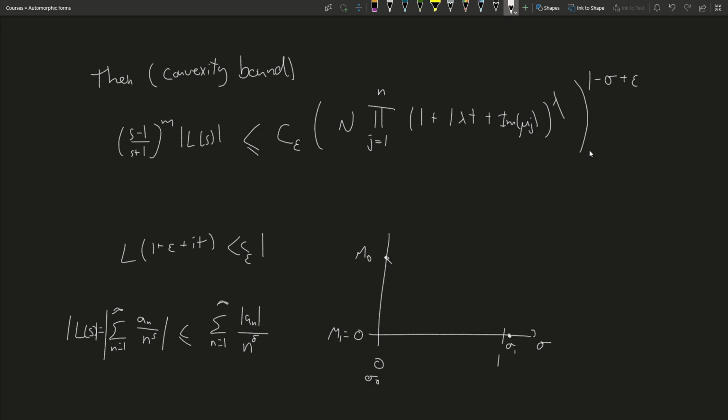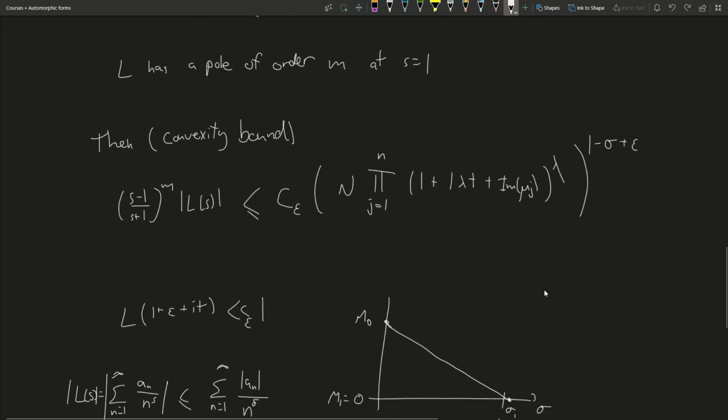Then this 1 minus sigma is really just what you get from linear interpolation, and the epsilon comes from the fact that you're not quite at 1 for sigma 1, you have to be a little bit past it. This is this epsilon. So this convexity bound is really just a direct consequence of the Phragmén-Lindelöf principle, and for details you can check Goldfeld's book.